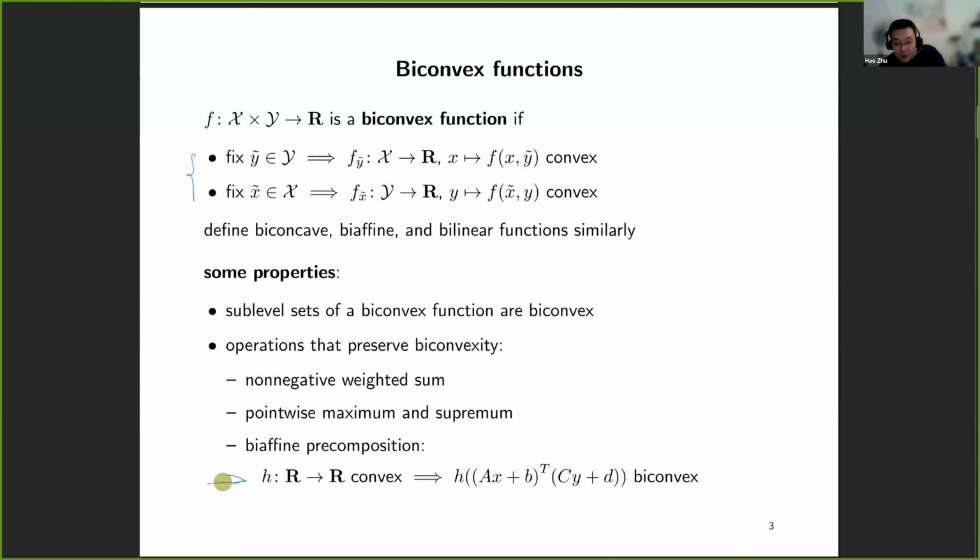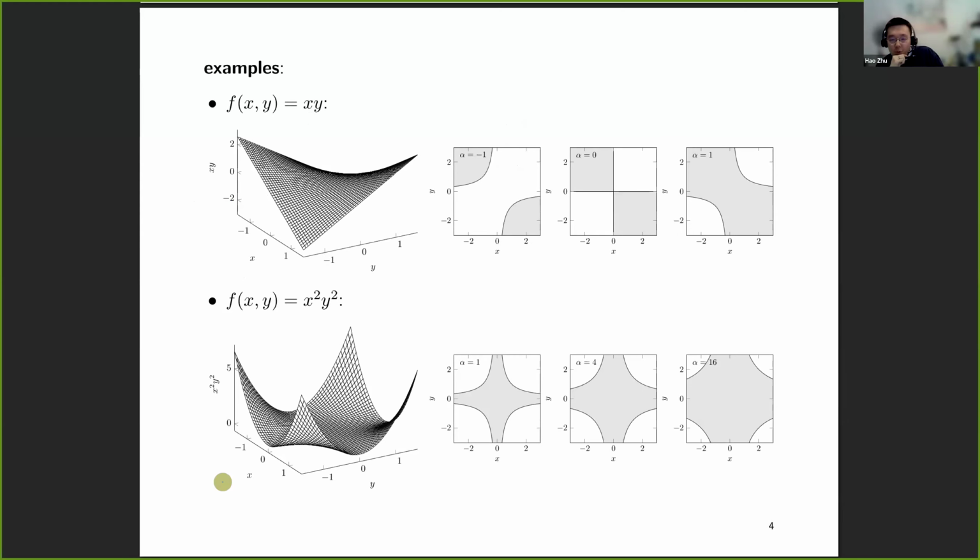And many famous problems like matrix factorization, if it's biconvex, then it comes from this form. These are just two examples. One, this is bi-affine, and this is a function, this is a sublevel set, and this is a product of two quadratics, which is biconvex, of course.